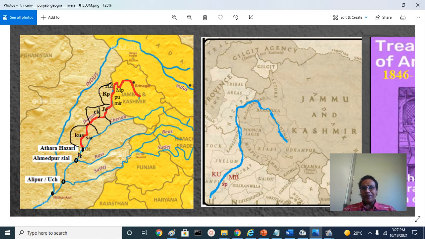And just a few kilometers south of there is a dam or reservoir called Trimmu. So we can say Trimmu also. So Trimmu or Atara Hazari or Ataran Hazari or Sarai Sidhu or Jhang are the mouths, the merging points of River Jhelum into Chenab. This is very important.